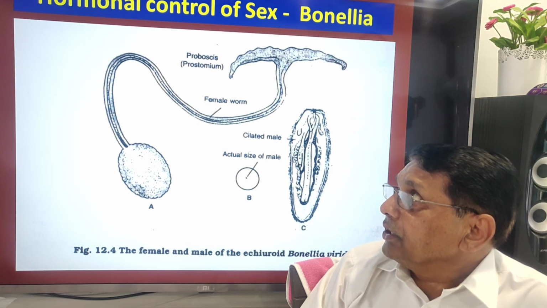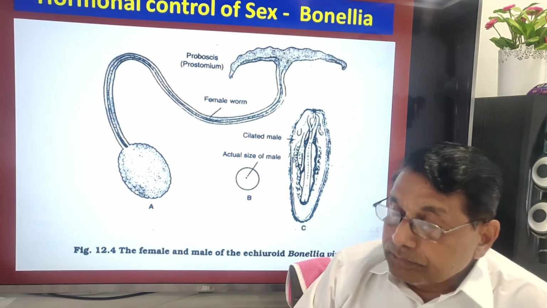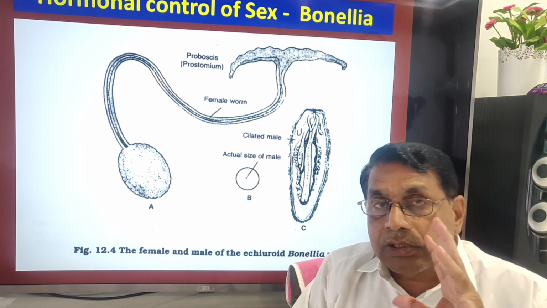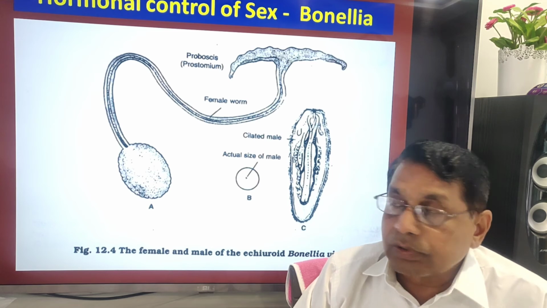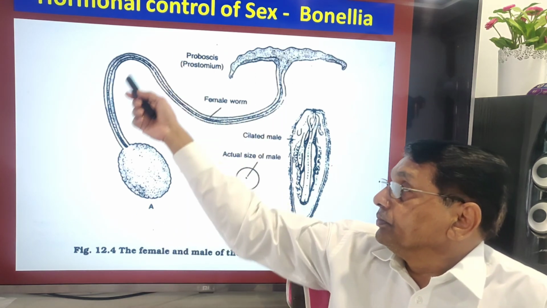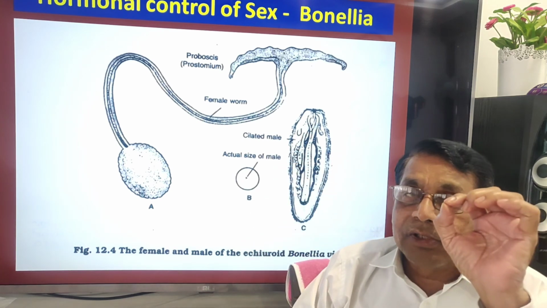Then this is another interesting case, hormonal control of sex, Bonelia. The sex is determined by hormones. This is a female, very large when compared to male. Male will be very small.